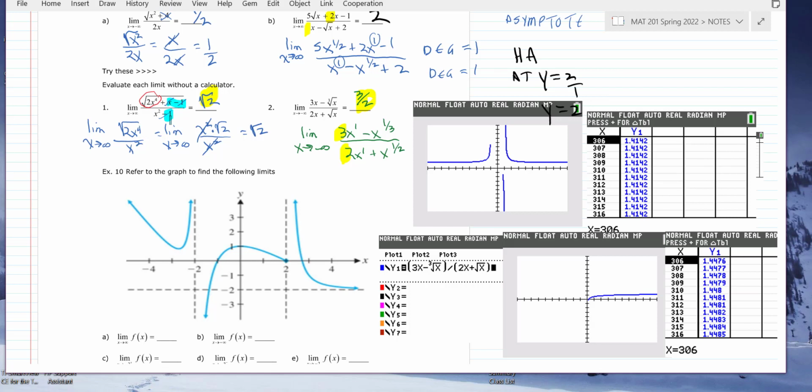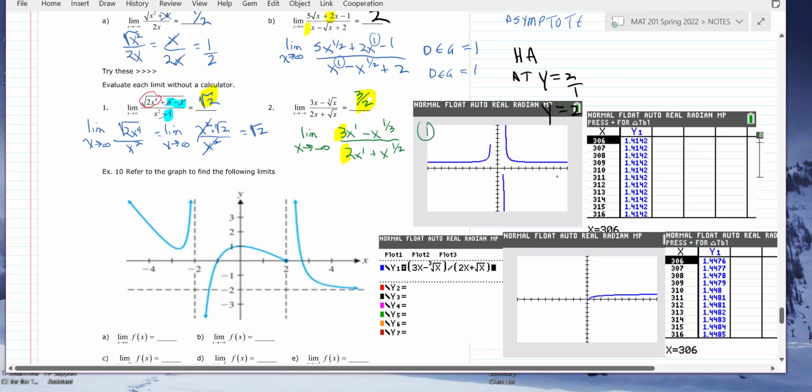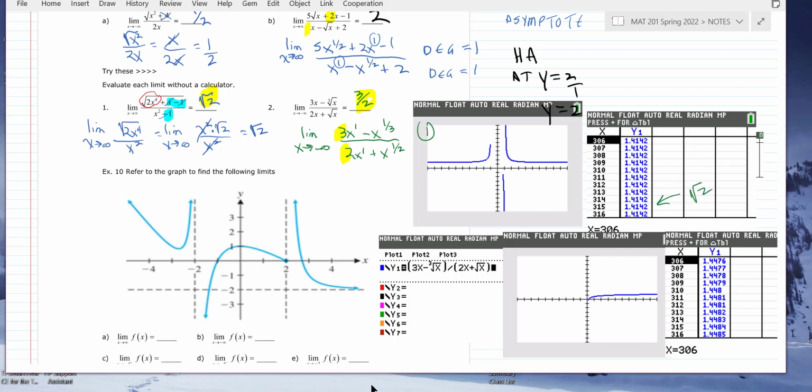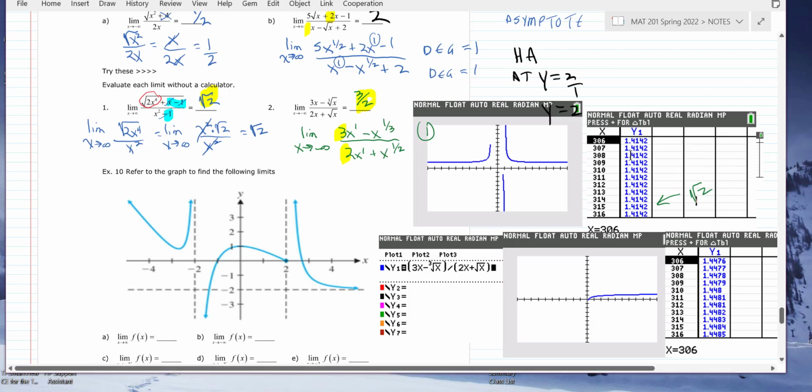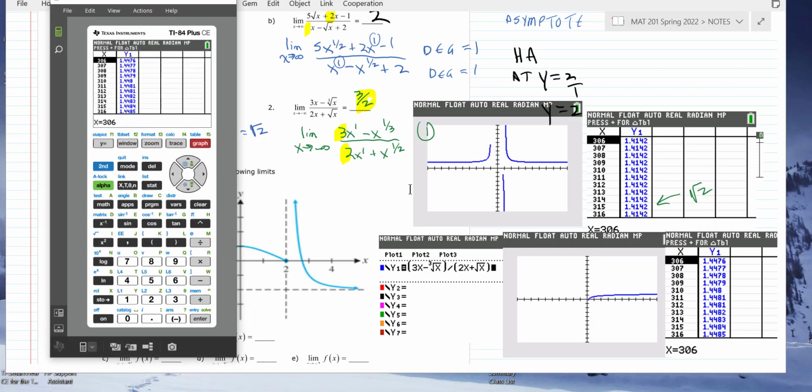All right? And what happens on this number 1 is the graph looks like this, and I just said, okay, look what's happening. As x is getting real big, that's getting close to the square root of 2. And on a calculator, if you do the square root of 2, you'll get close to these numbers right there. It looks like it's just the same thing forever, but that's not really the case.